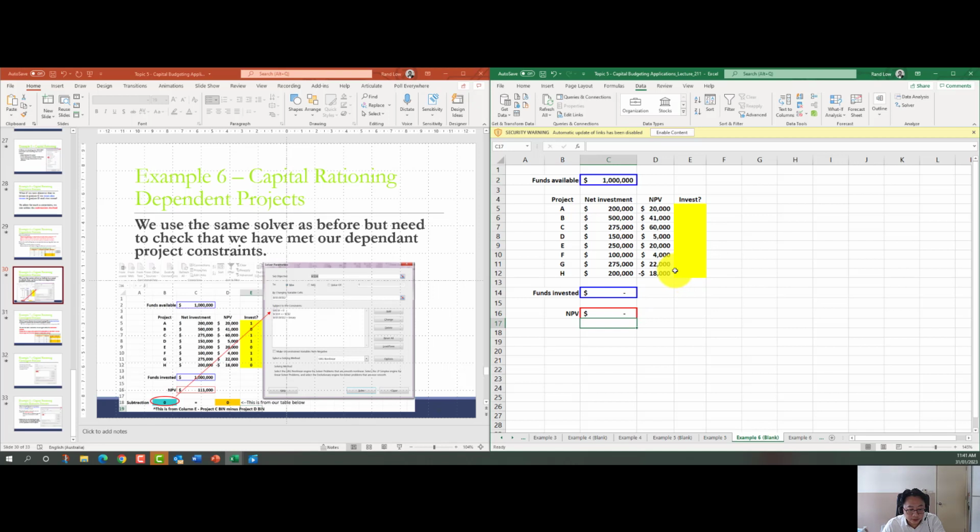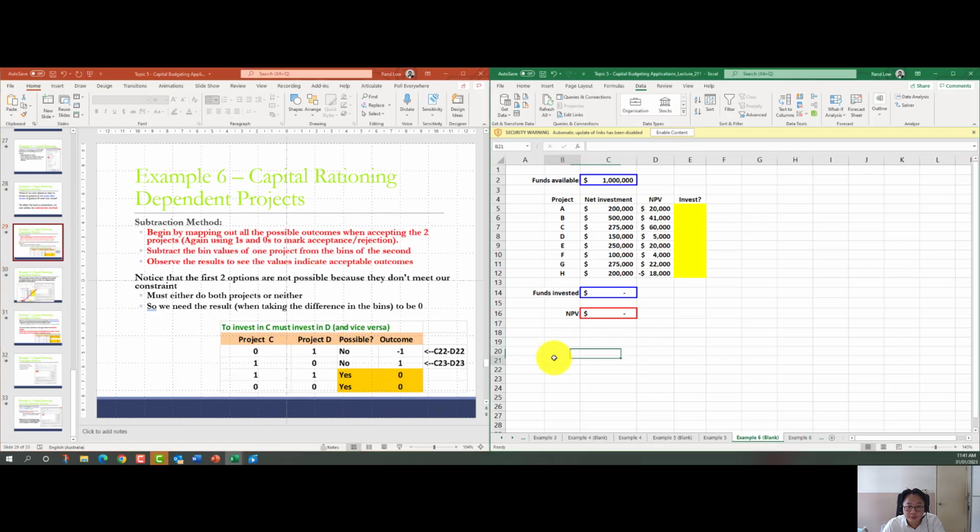Next, we have to set up our subtraction method. What do we mean by this? Let's look at what we had before: to invest in C we must invest in D, and vice versa.